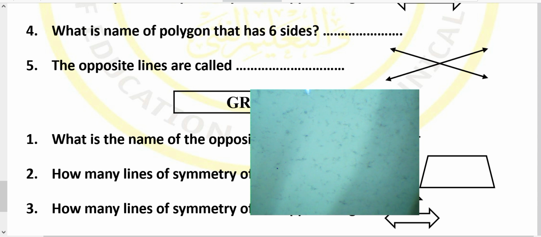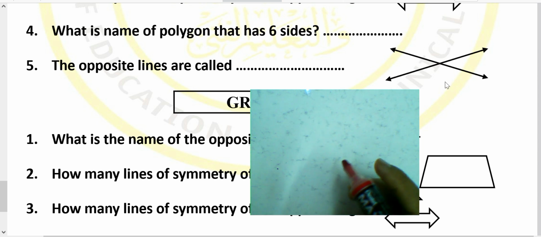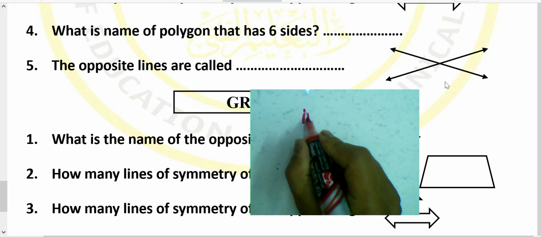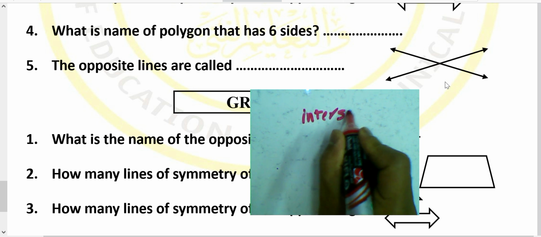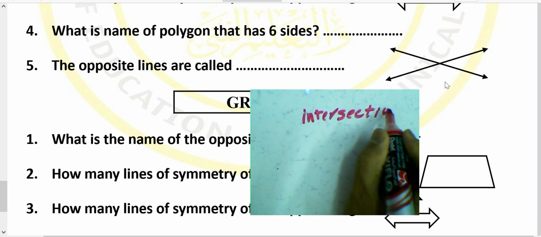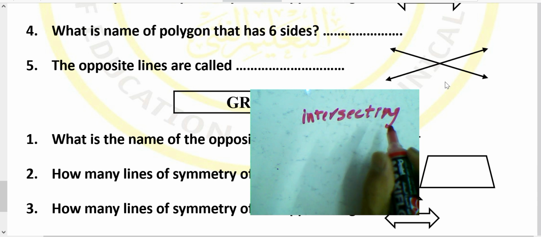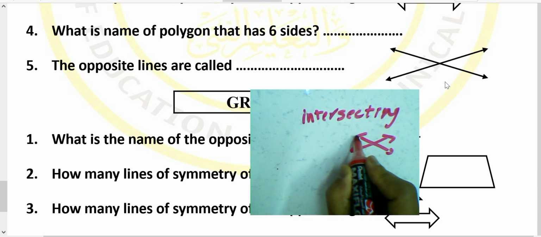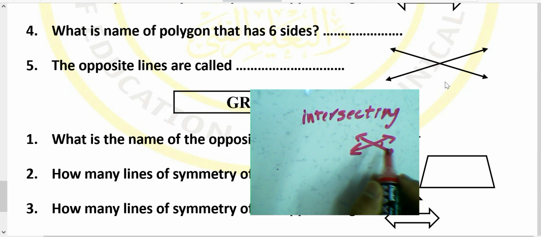The opposite lines are called intersecting. The 2 lines intersect. The angle between them is acute, and the supplementary angle here we call obtuse.